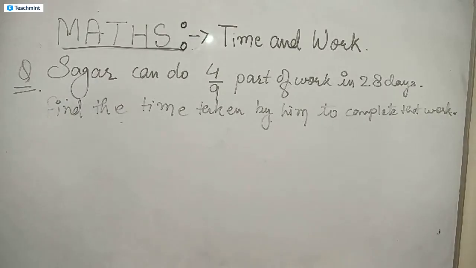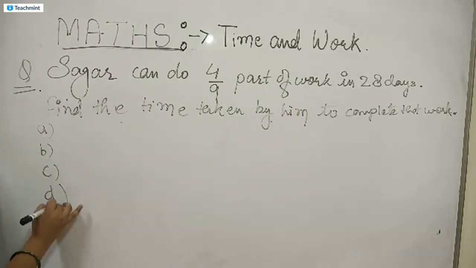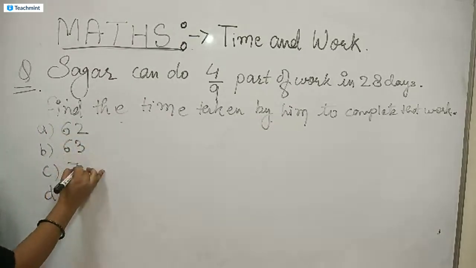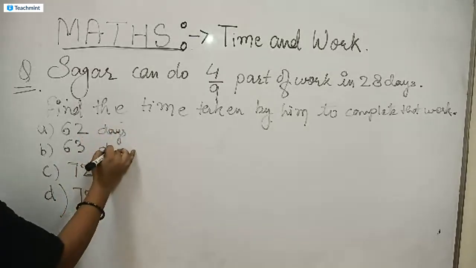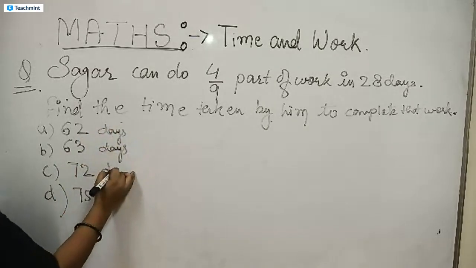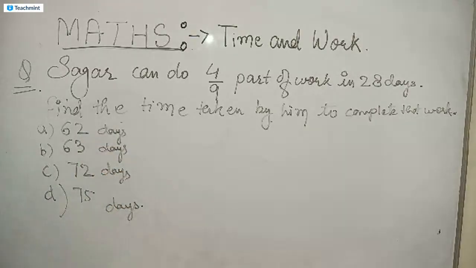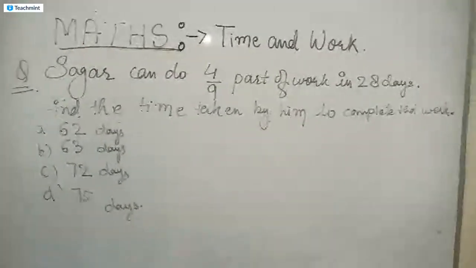Find the time taken by him to complete that work. Options are 62, 63, 72, 75 days. For this, I will give you a formula, but first try yourself. Okay? First try yourself, and then I shall give you one formula for this.